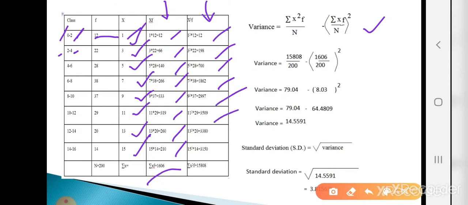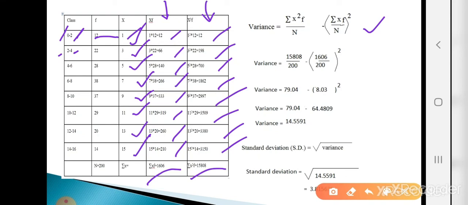Then 11 square into 29, that is 3509. Then 13 square into 20, that is 3380. And the last, 15 square into 14, that is 3150. Now take the total of the last column. So the total is 15808.